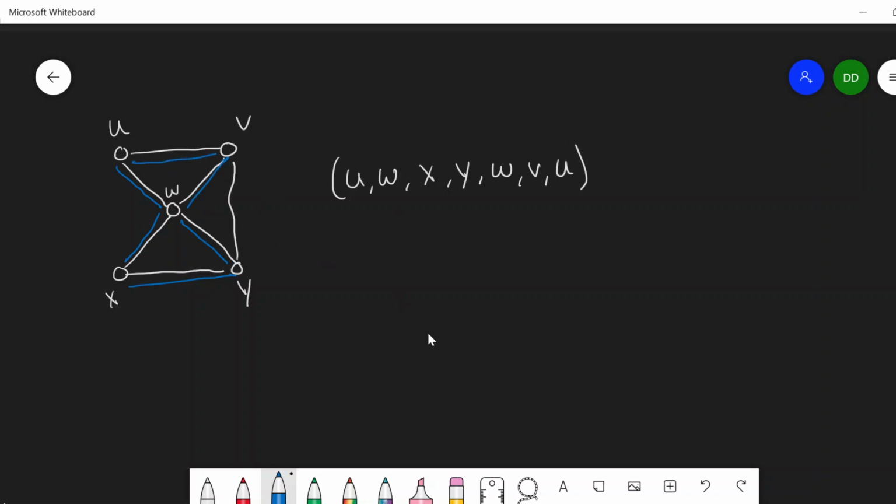Begins and ends at the same vertex, and notice I haven't repeated any edges. So this is a circuit of length, and again, the length is the number of edges that are encountered. So 1, 2, 3, 4, 5, 6. Circuit of length 6.